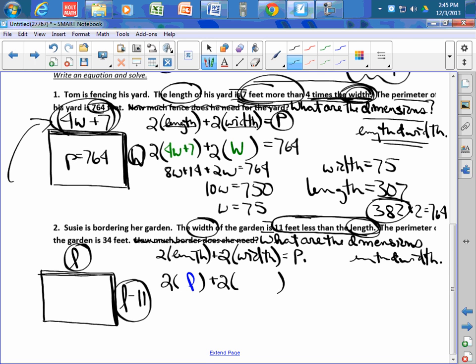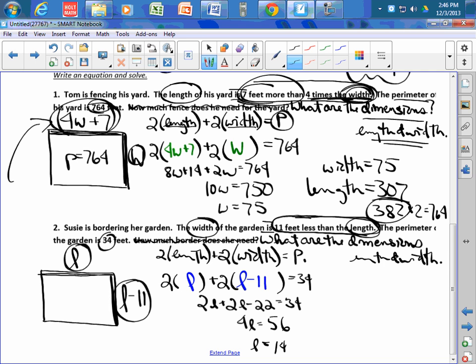This one right here, L minus 11 is the width. And all of that is equal to the perimeter, which is 34. 2L plus 2L minus 22 is equal to 34. 4L is equal to, adding the 22 to both sides, 56. The length, L, is 14.